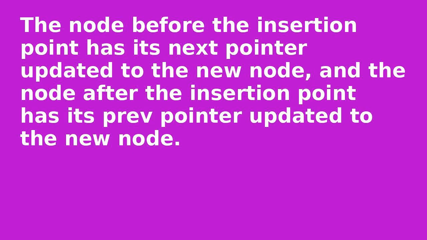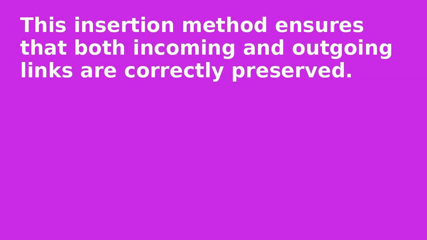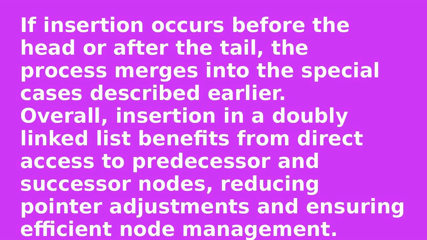The node before the insertion point has its next pointer updated to the new node, and the node after the insertion point has its prev pointer updated to the new node. This insertion method ensures that both incoming and outgoing links are correctly preserved. If insertion occurs before the head or after the tail, the process merges into the special cases described earlier.